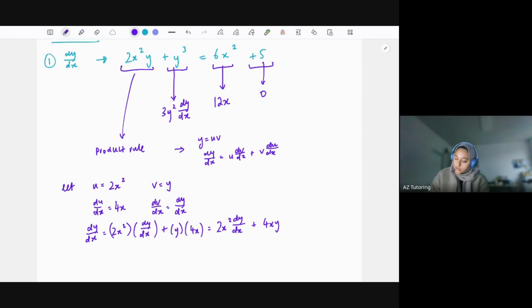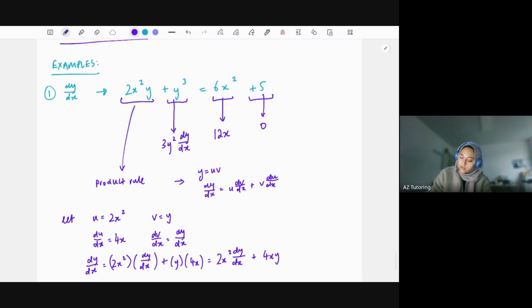Okay, so now I can say the differential of this, which we've just worked out, is this: 2x squared dy over dx plus 4xy.